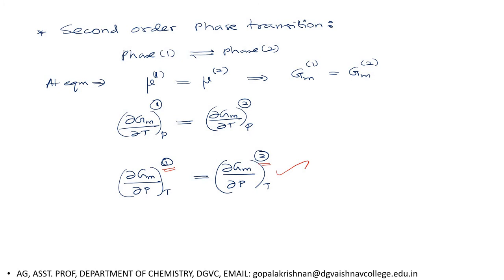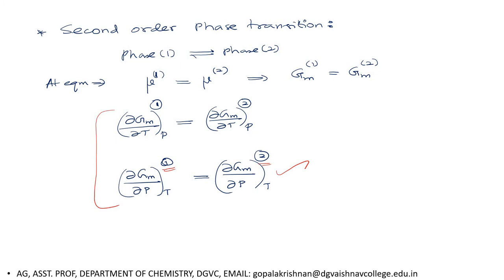So in the case of second order phase transition, the first derivatives, that is ∂G/∂T at constant pressure for phase 1 and phase 2, are equal. Similarly, ∂Gm/∂P at constant temperature for phase 1 and phase 2 are equal.